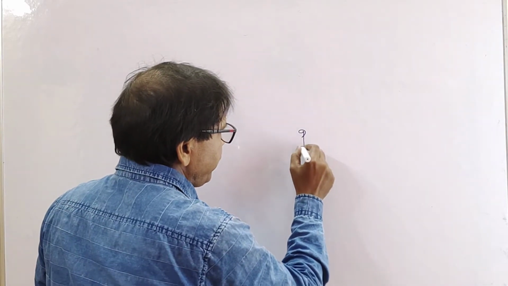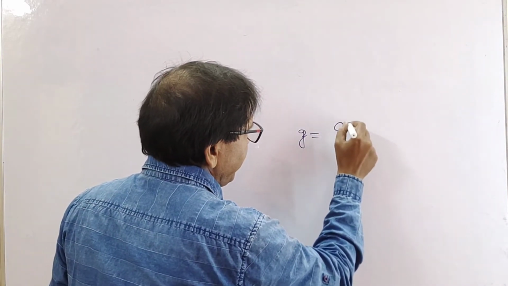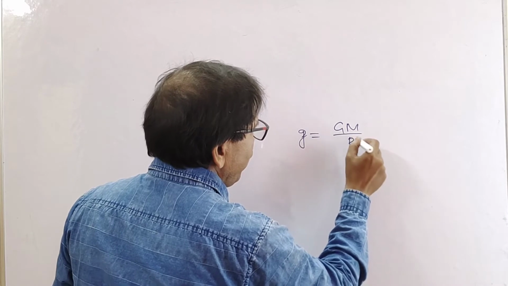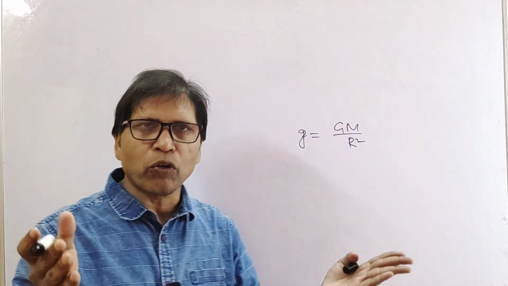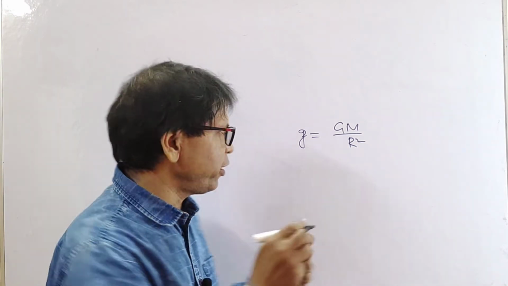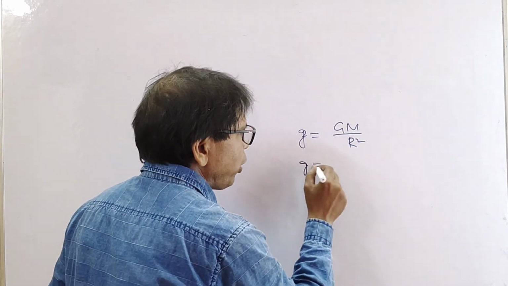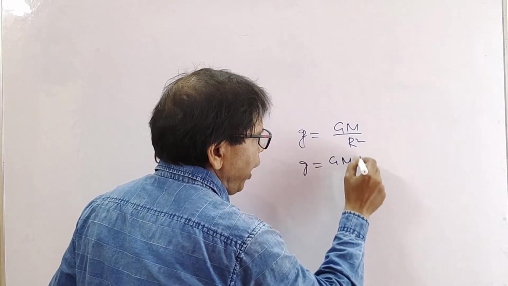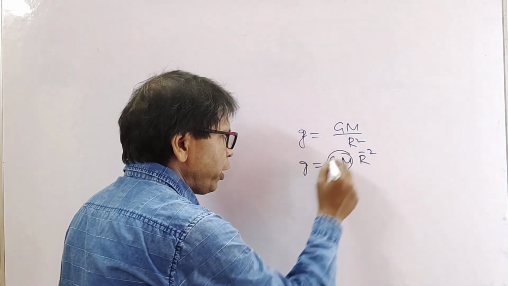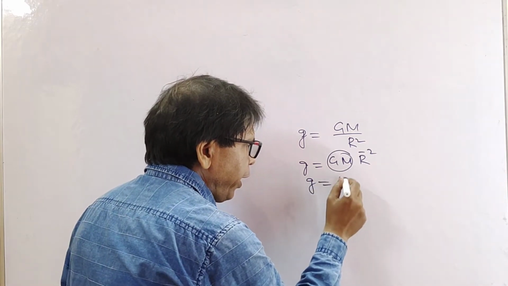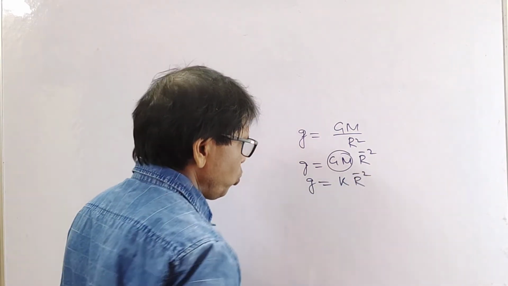Now acceleration due to gravity due to variation of radius of Earth. Now look at this. We know g equal to GM by R square. Now look at this, G is constant, mass of the Earth is also constant. Here radius changes. Now look at this, g is equal to GM R to the power minus 2. As this is the constant, so we can write K R to the power minus 2.